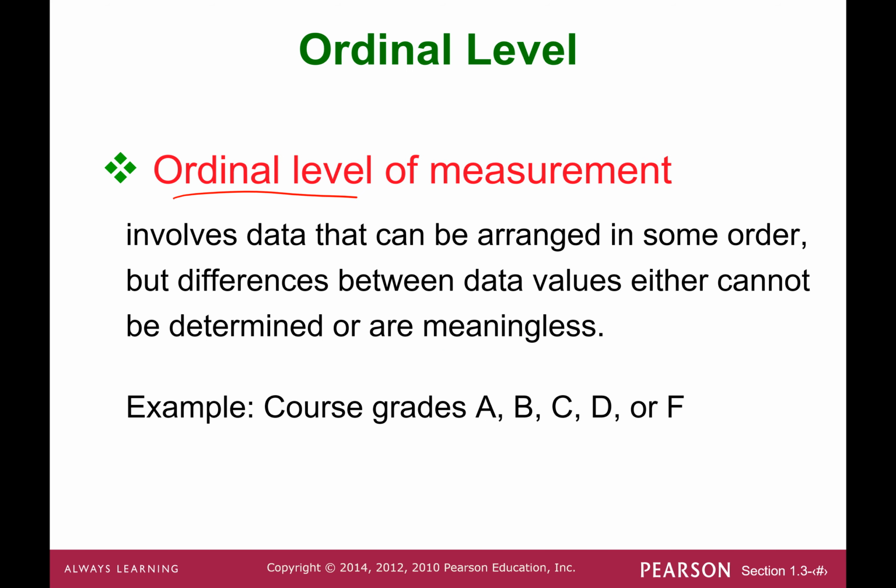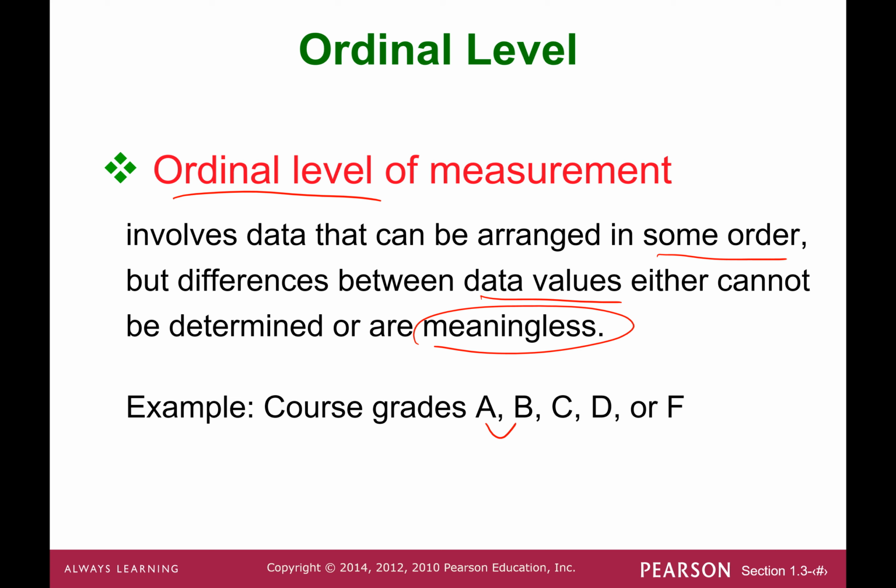Ordinal level of measurement involves data that can be arranged in some order, but the differences between those data values cannot be determined, or are meaningless. For example, a course grade of A, B, C, D, F. It's almost impossible to measure the difference between a student who gets an A in the class and one who gets a B. It's very difficult to quantify the actual difference.